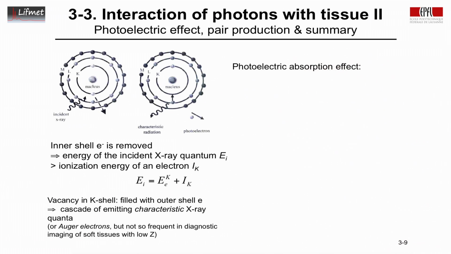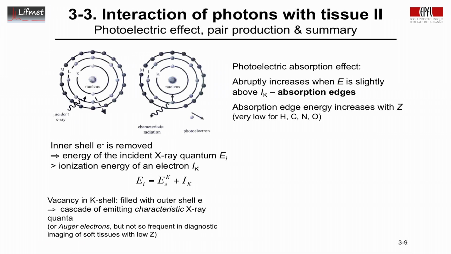So the photoelectric effect abruptly increases when the energy is just above the ionizing energy, or the binding energy, of the electron, and this gives rise to so-called absorption edges. The absorption edge increases with Z. It is actually very low for hydrogen, carbon, nitrogen, and oxygen, which are primary compounds of tissue.